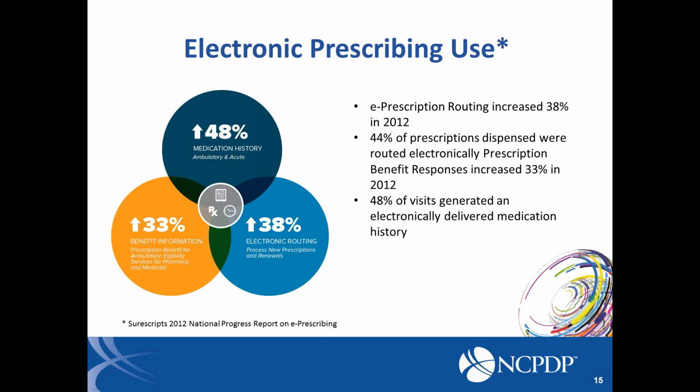Prescription benefit information responses increased by 33% in 2012, and also in 2012, nearly half of all patient visits, specifically 48%, generated an electronically delivered medication history, and that's up from 31% of patient visits in 2011.